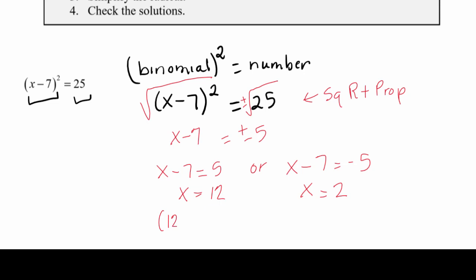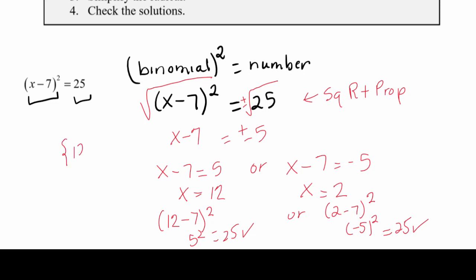We can put the value into our original equation for x and subtract, and the squares come out to 25, so that checks. So the solutions to our quadratic are the two values we found.